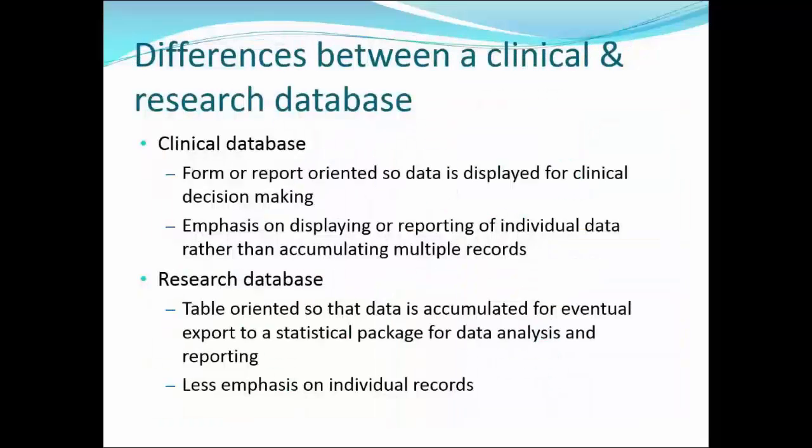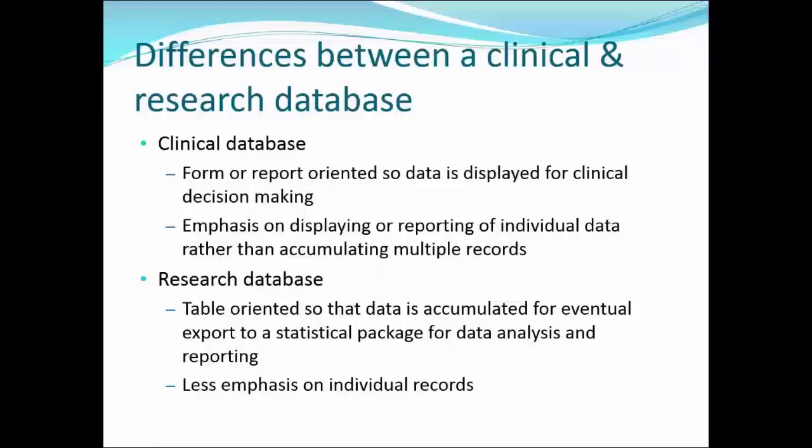In a clinical database, you're usually reporting something for the benefit of the patient and the doctor to try to discern a condition or something like that. Whereas in a research database, you're orienting the data so that you can look at the whole group together and try to find consistencies or variations.